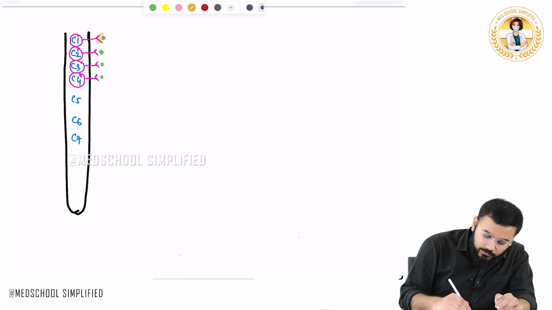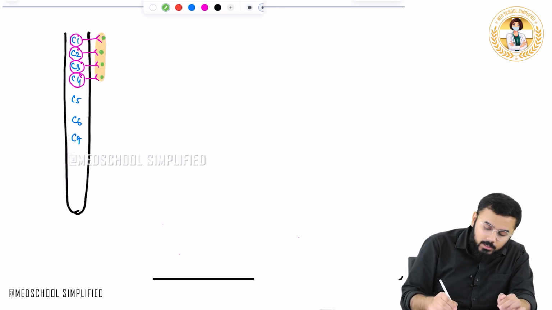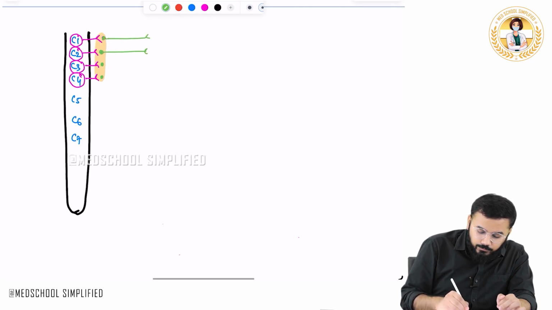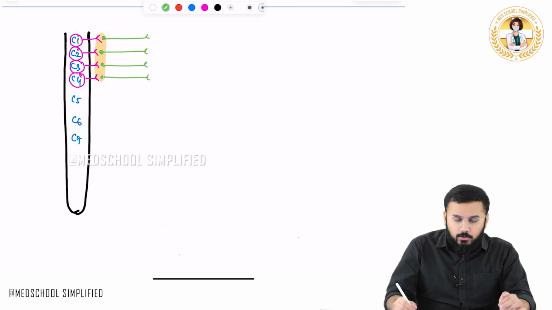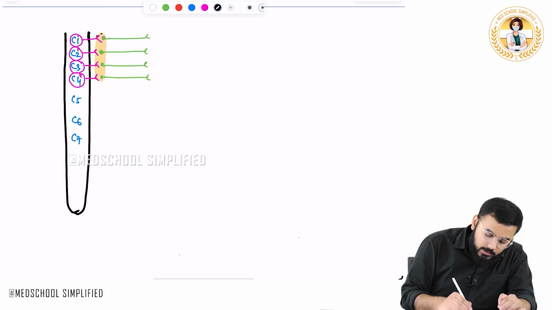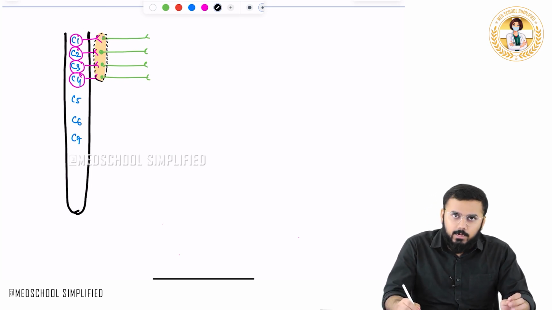So first of all, what is this? All these things over here are called a ganglion. From here the next group of neurons, let us say these green color neurons, are coming out. Now this particular ganglion which I have drawn right now over here is called the superior cervical ganglion.